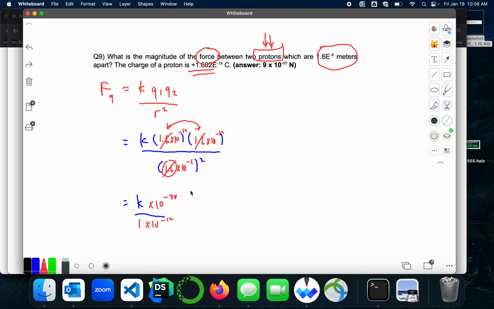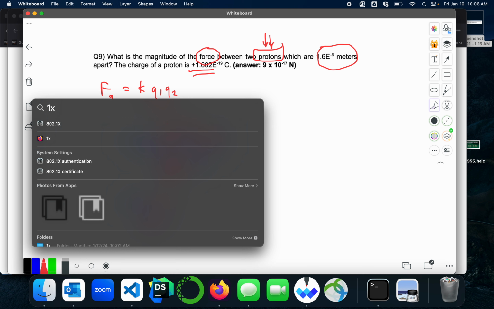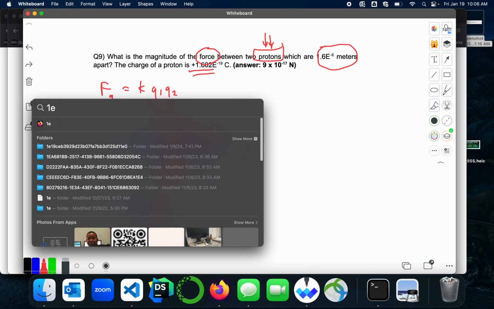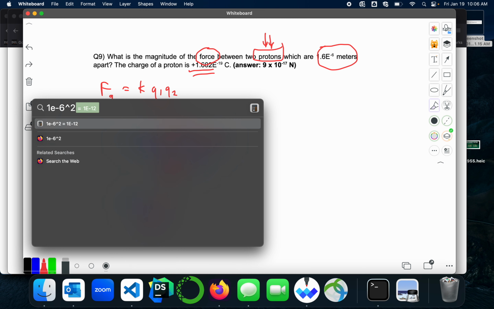And if you don't believe me on that, prove it to yourself. Go on a calculator. Actually, I'll do it right here. 1 times 10 to the minus 6, squared, equals 1 times 10 to the minus 12.